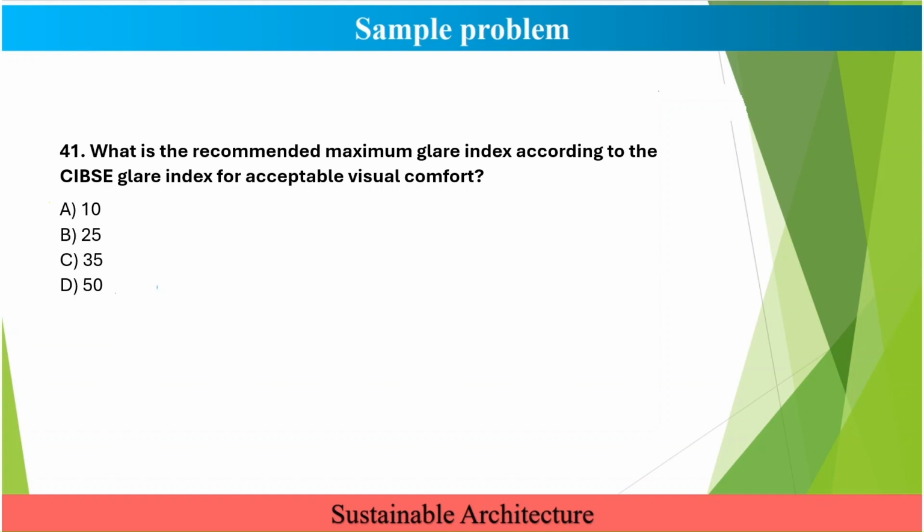Okay, let's move to question number 41. What is the recommended maximum glare index? 25. Yes, sir. As per the CIBSE glare index. Try to give an answer to question number 41.